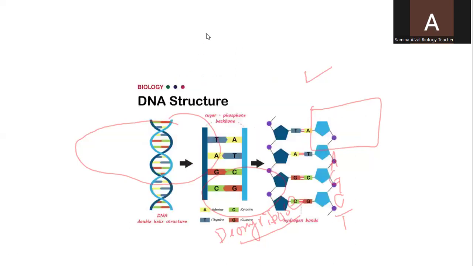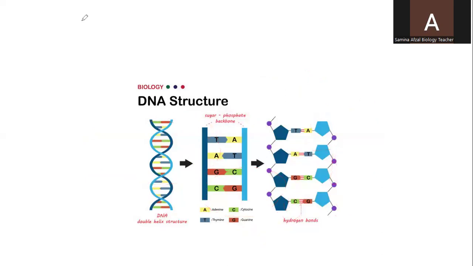And here on the screen, you can see I have shown the structure of DNA. Here you can see DNA consists of two strands. They are twisted together in the form of a helix.